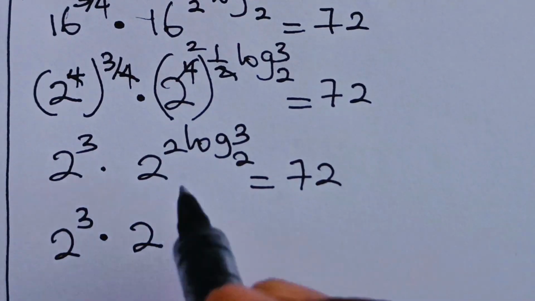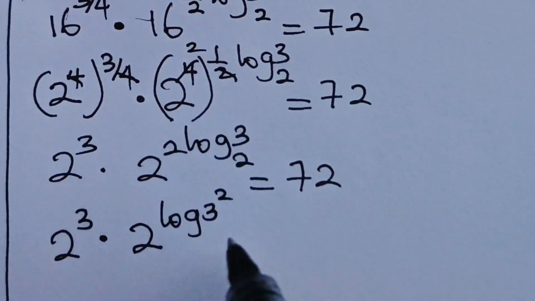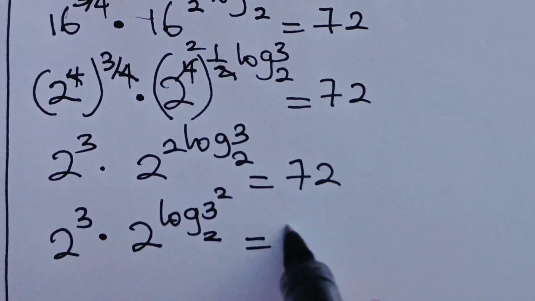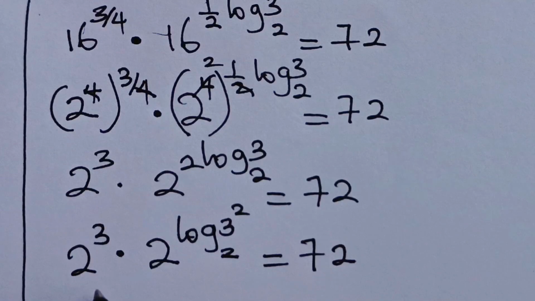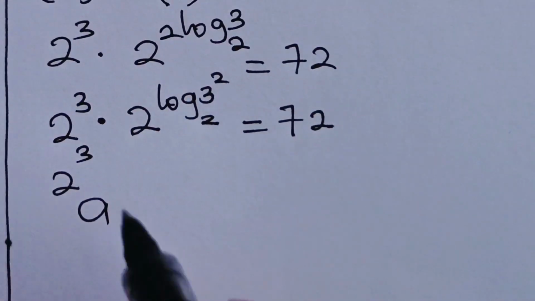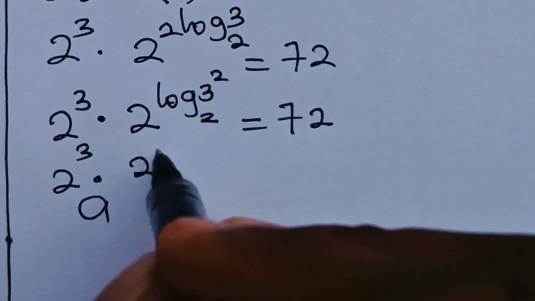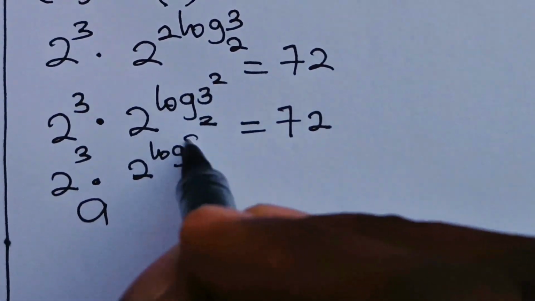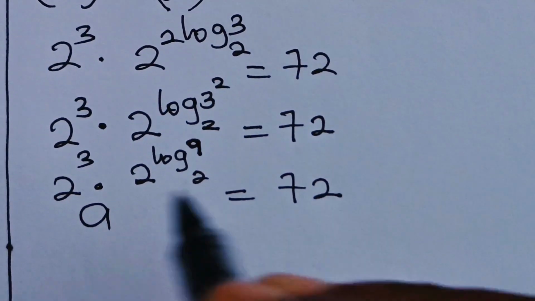So we have 2 to the power of log 3 squared, base 2, is equal to 72. Now we have 2 to the power of 3 multiplied by 2 raised to the power of log 3 squared, which is 9, base 2, is equal to 72.